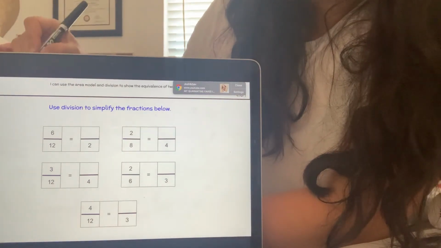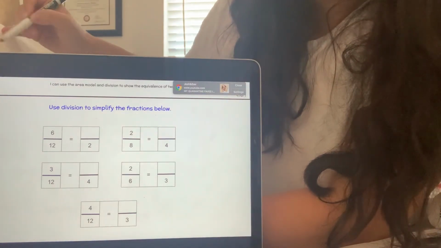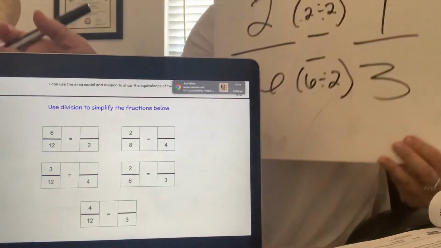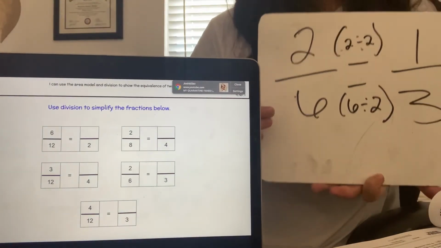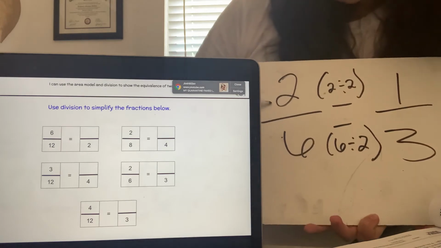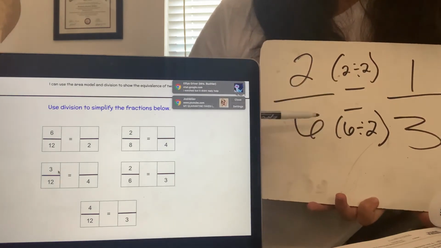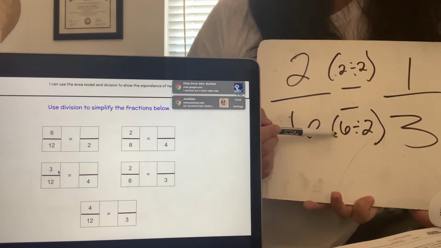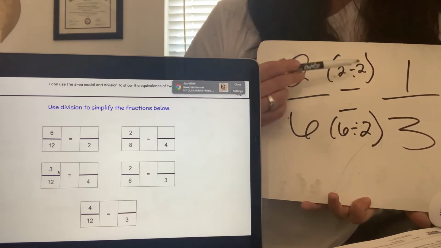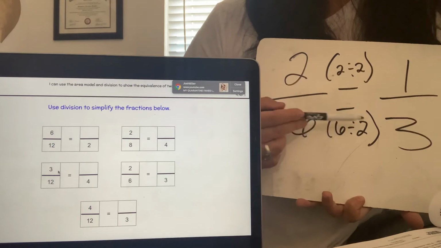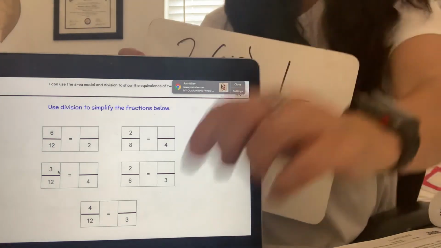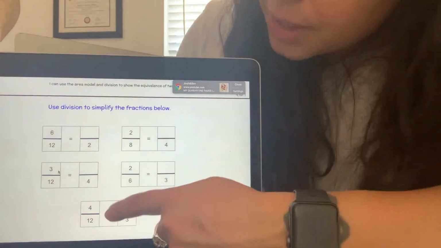So I better divide 2 by 2, which would give me 1/3. So 2/6 is equal to 1/3. So if you're going to divide the bottom, you better divide the top by the same number. Okay, let's look at this last one here.